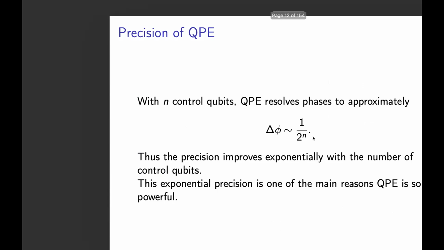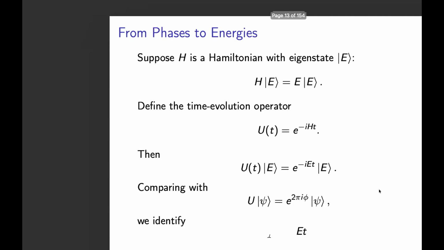If you have 2 qubits, you can represent 0, 1/4, 1/2, and 3/4. The more qubits you have, the smaller the error, because you have a better representation of a binary float. This exponential precision is one of the main reasons why QPE is so powerful.